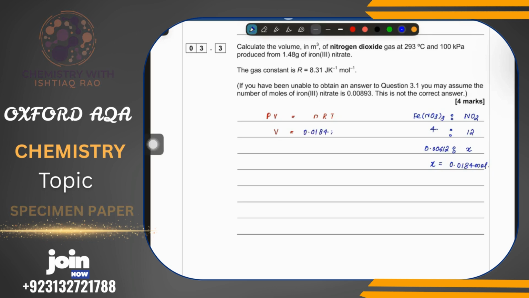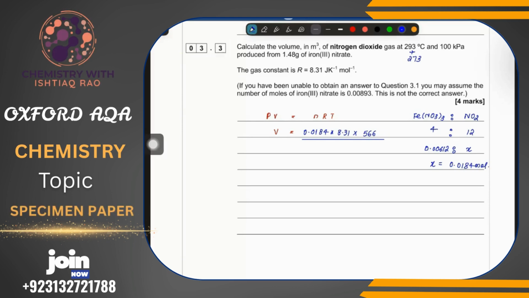0.0184 multiplied by R, that is fixed, that is 8.31, multiplied by the temperature they have given, that is 293. We have to convert this degree Celsius into Kelvin, so I'm supposed to add 273, which gives 566, divided by the pressure.